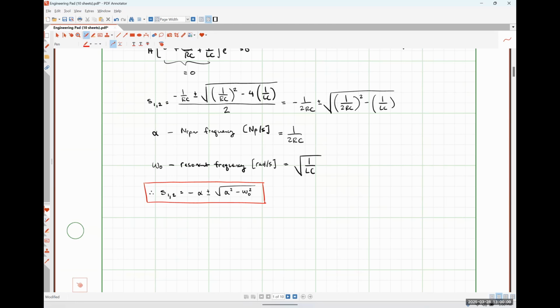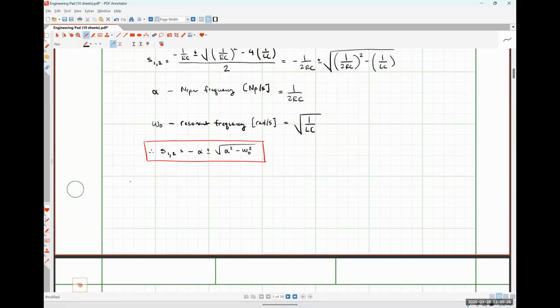Depending on the values of the elements in my circuit, I'm going to have 3 different cases, okay? So let's look at our first case, which is what's called an overdamped system, okay?